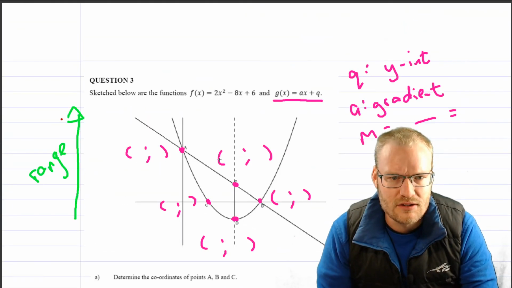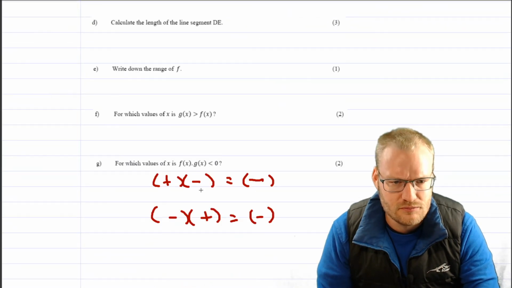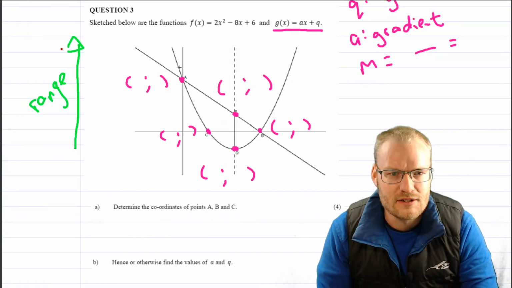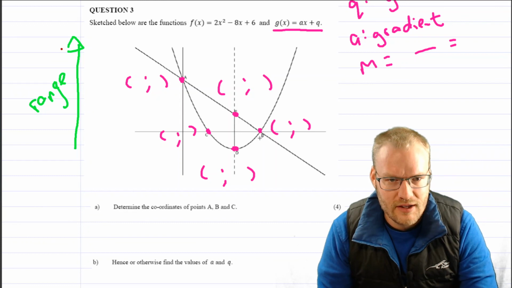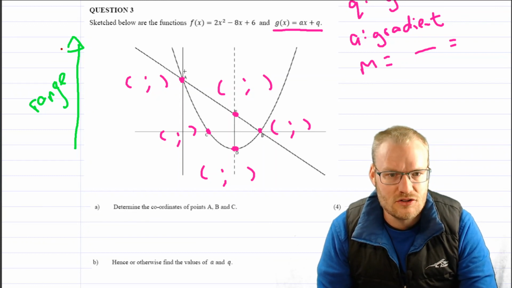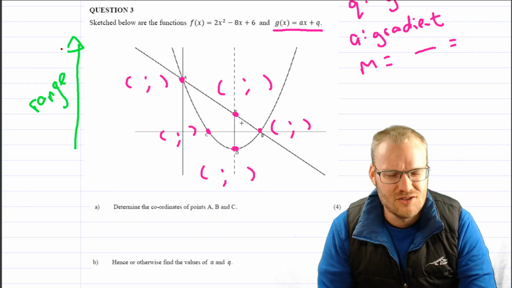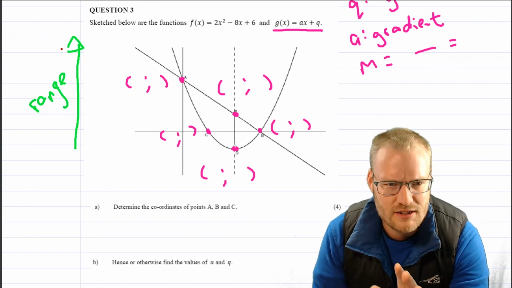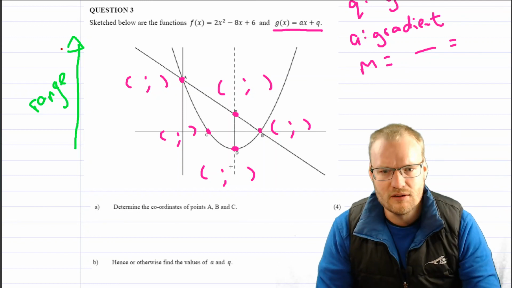So when's the parabola negative and the straight line positive? You're going to have all of these coordinates already, so it's going to be easy enough to know A, C, B are important points, and that's that one. So give that a go at least now, and then we'll see from there.